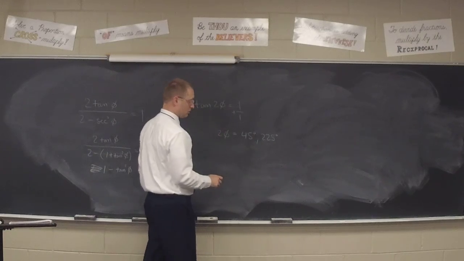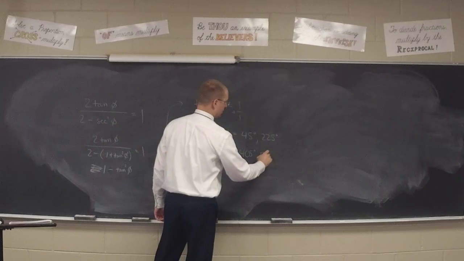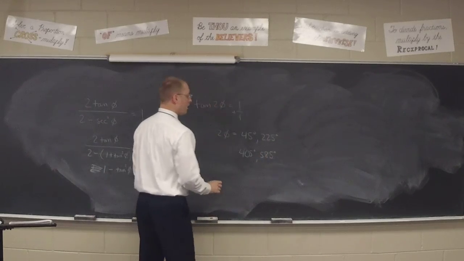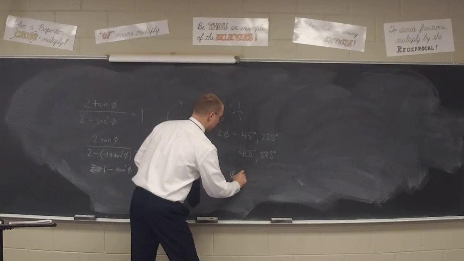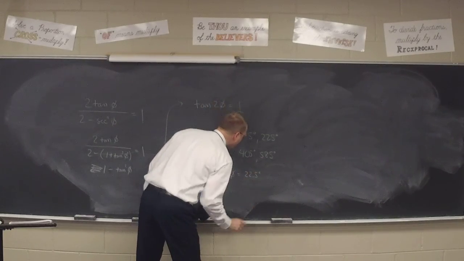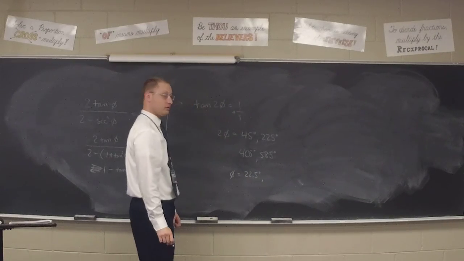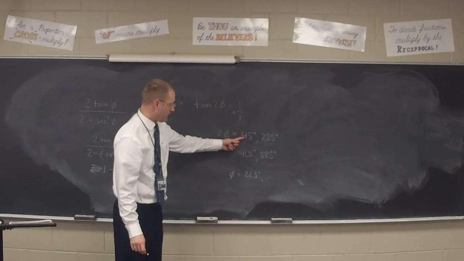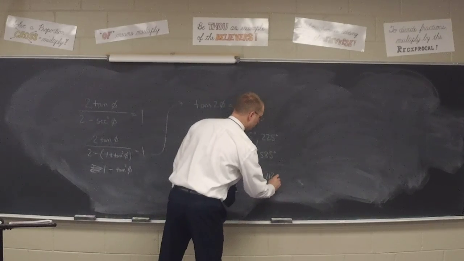That's 2 phi, and I just want phi, so half: 22.5, 112.5, and then 202.5, and 292.5. There's my four phi answers.